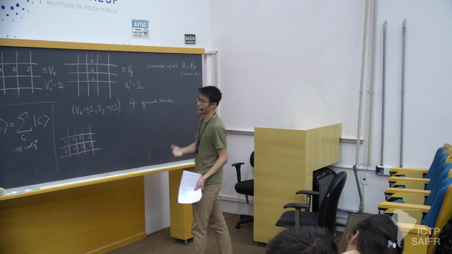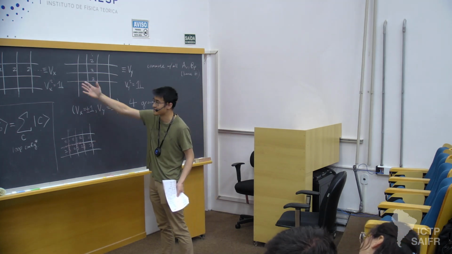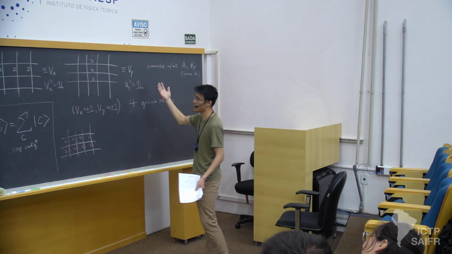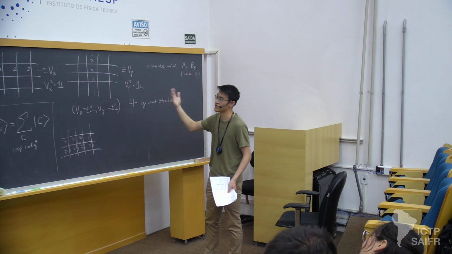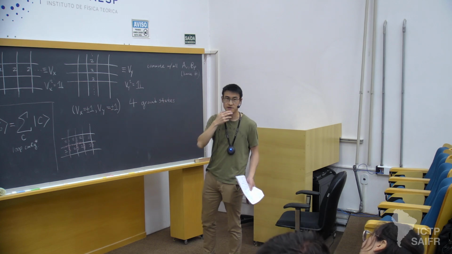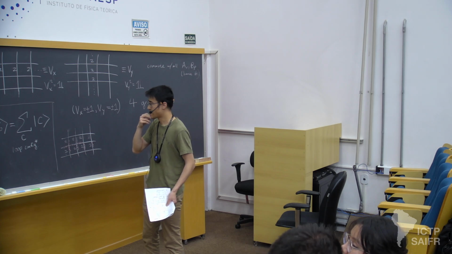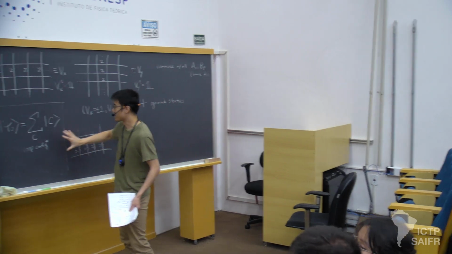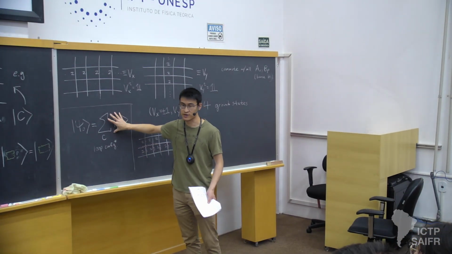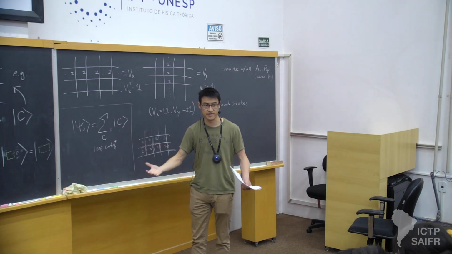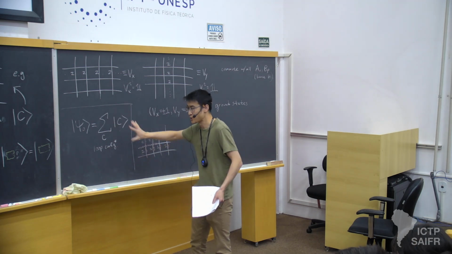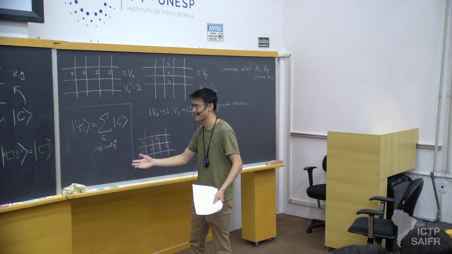So let's get more intuition for what these Vx and Vy operators measure. Let's go back to this wave function representation of the ground state. Here I already swept some stuff under the rug.